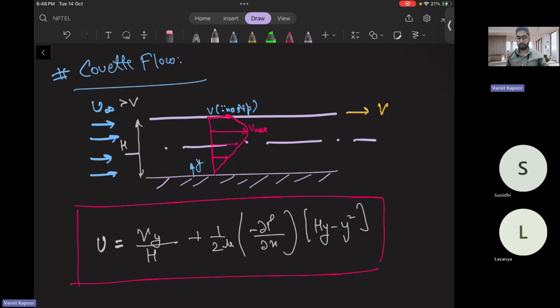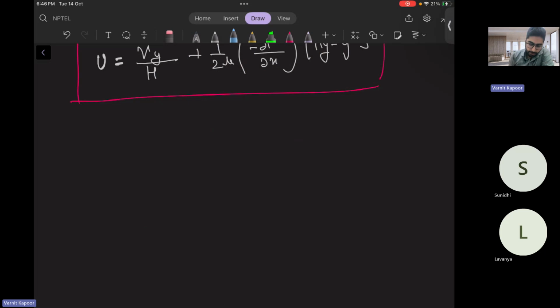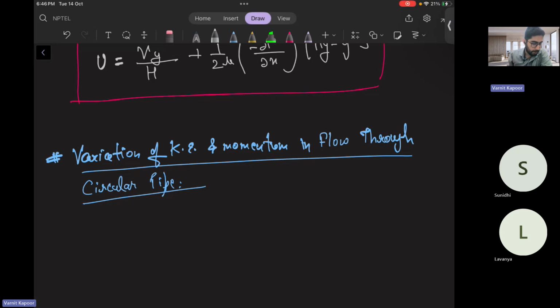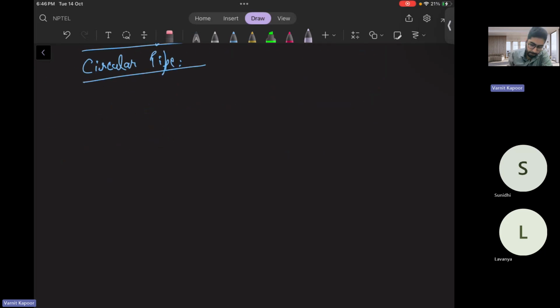So I'll come up with a scenario of variation of kinetic energy and momentum in flow through a circular pipe. So suppose I have a circular pipe.